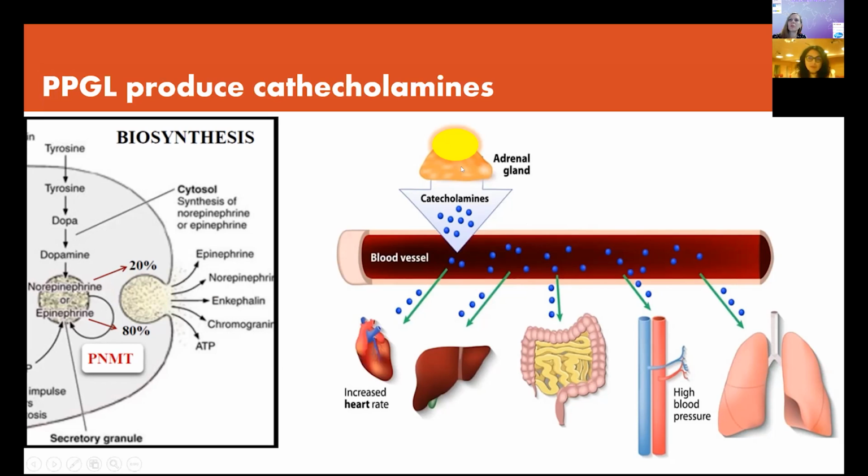So when the tumor secretes an excess of catecholamines, those catecholamines are spread through the circulation into the different inner organs of our body, and this excess of hormones is manifested as symptoms.